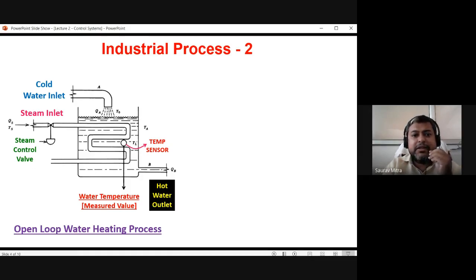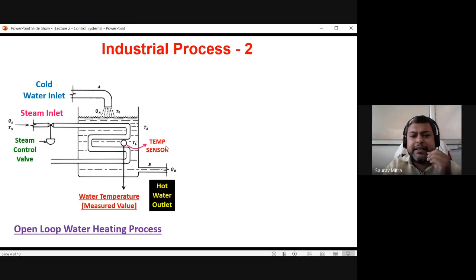A running process means water continuously comes in, gets heated up, and hot water comes out. In that case, steam flow, water inlet flow and water outlet flow will all be continuously running. But here you find that we don't have any control over the steam. We are not able to control this steam control valve.